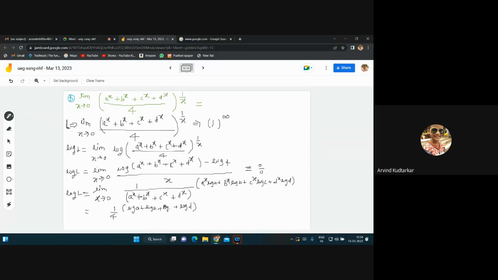So log of a plus log of b plus log of c plus log of d, and what is sum of them? Sum of them is what? 1/4 times into log of abcd, yes, log of abcd ऐसे मिले.